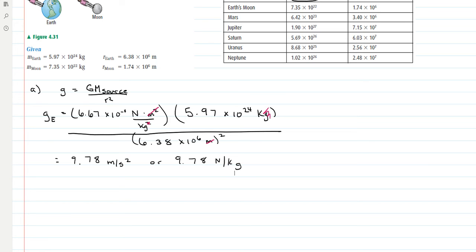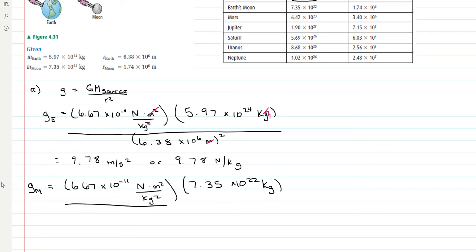Okay, and then we need to also do that for the Moon. It's going to be the exact same sort of setup. So g Moon is the same constant here. The only time I ever write all my units for any question is when I'm doing questions for you.